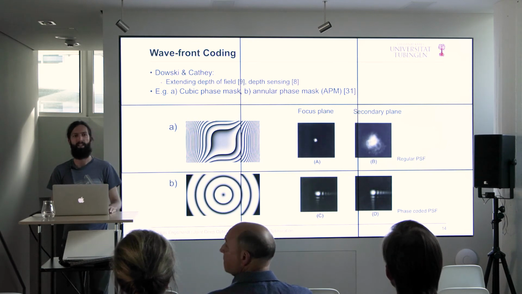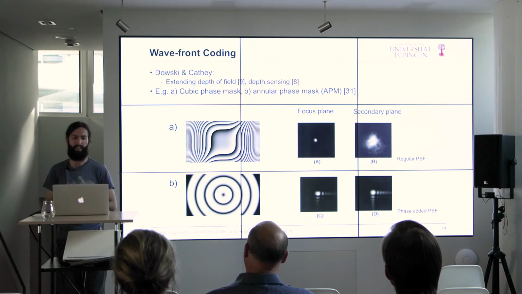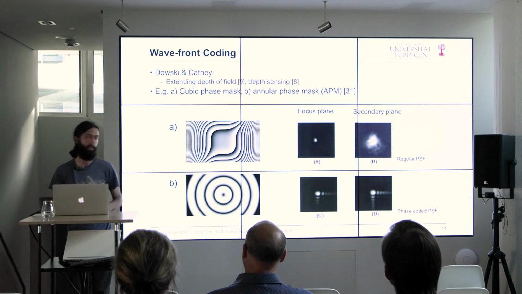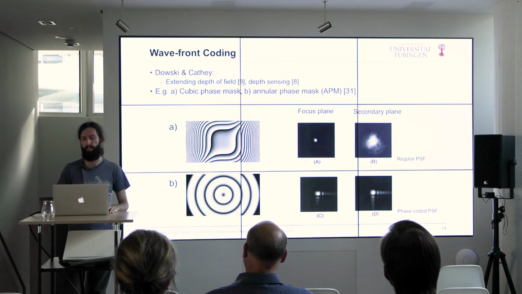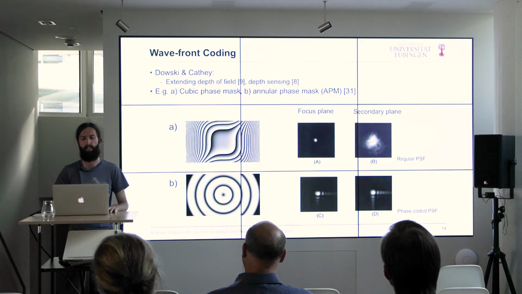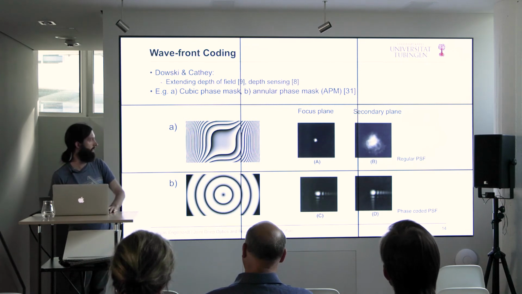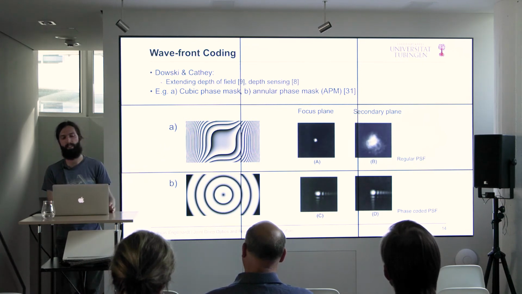We can visualize this by looking at the point spread function, which we can see here. These small dots on the left would be the image of an impulse response, which would be just one point light source at the focus plane. This would be the image formed on the sensor.